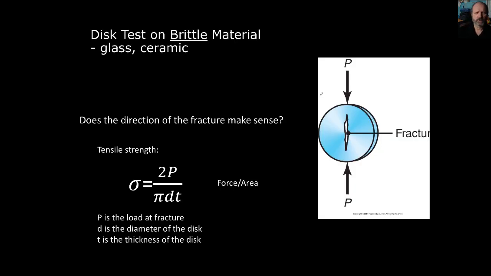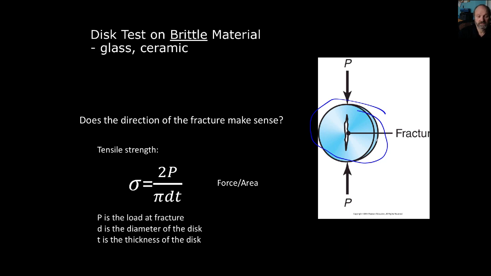We talked about brittle materials. Typically when we want to test brittle materials and get their stress-strain curves, we usually try to find out when it fractures, when it breaks. We will make a disc like the picture shown on the right.